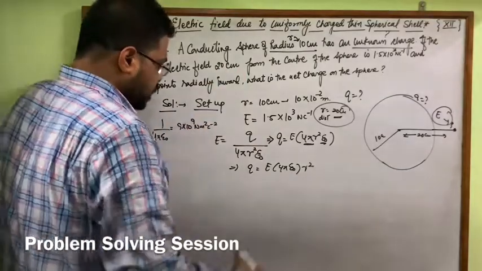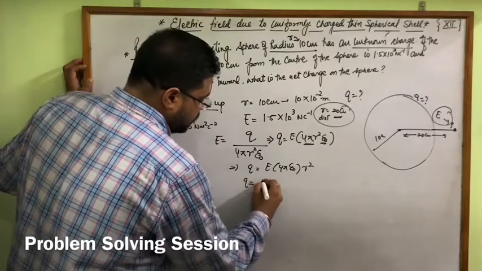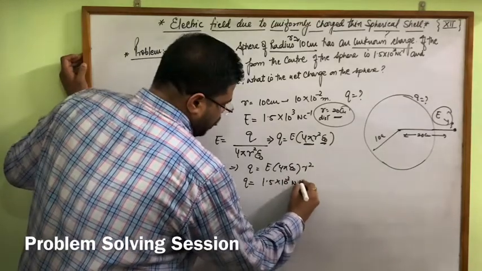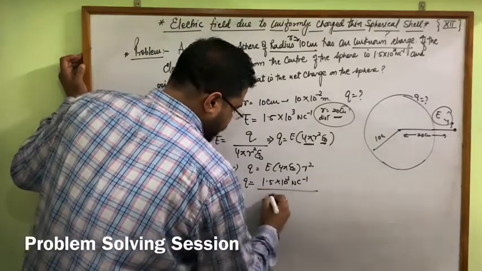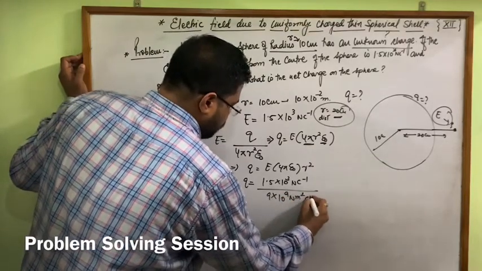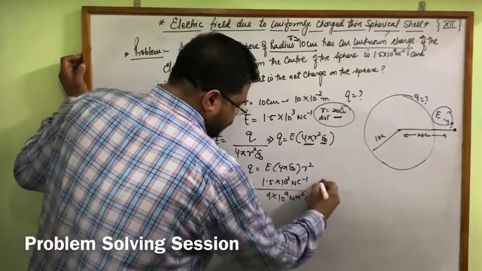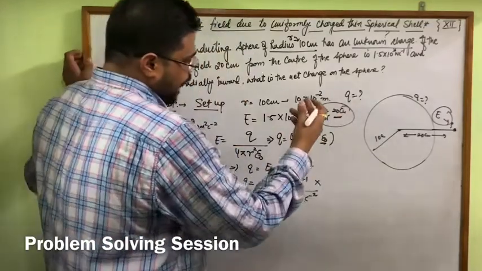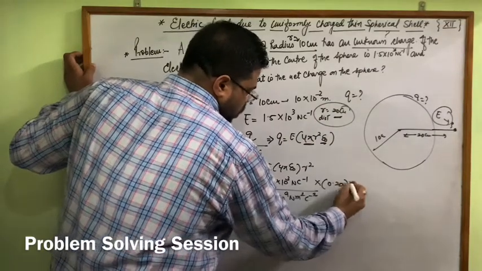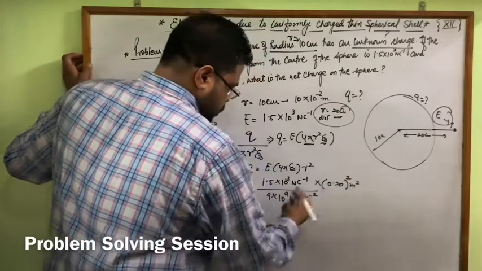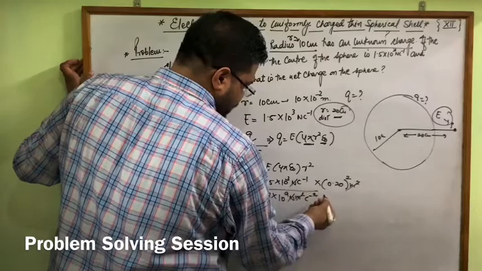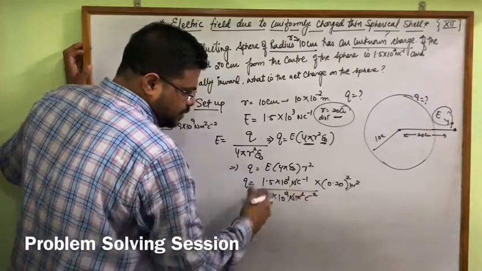So Q equals E, 1.5 into 10 raised to the power 3 Newton per Coulomb, times r square, where r is 20 centimeter, in SI 0.2 meter, squared, divided by 9 into 10 raised to the power 9 Newton meter square per Coulomb square. The meter square cancels and Newton cancels, so the answer will come in Coulomb.